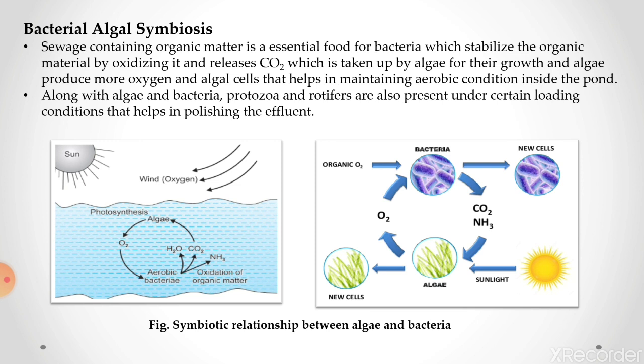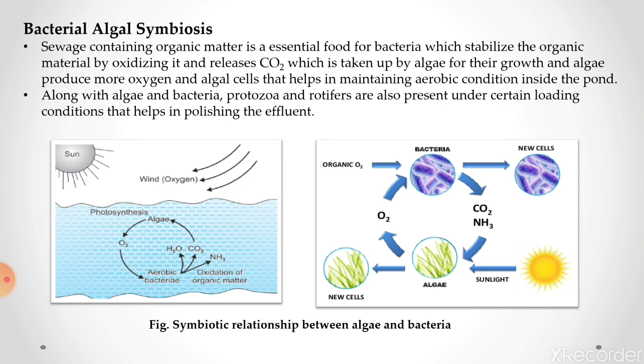So what does it mean? Now if you see the figure, it is very clear that the bacteria and algae are present in the wastewater. Bacteria take up the organic matter from the wastewater. They produce a new cell mass, and during their metabolism they produce CO2 and NH3, that is ammonia, which is a food for the algae.